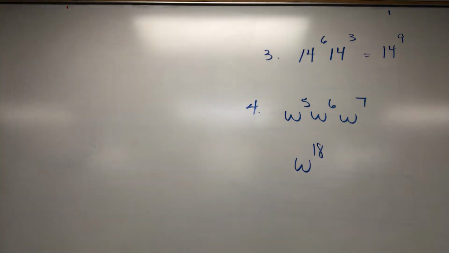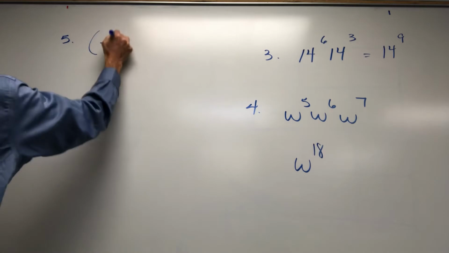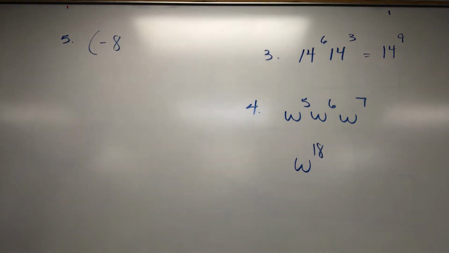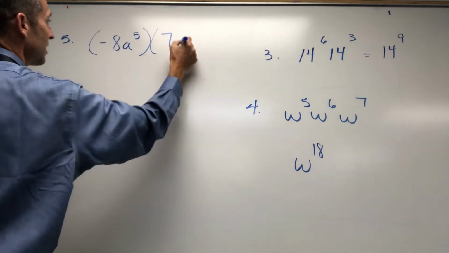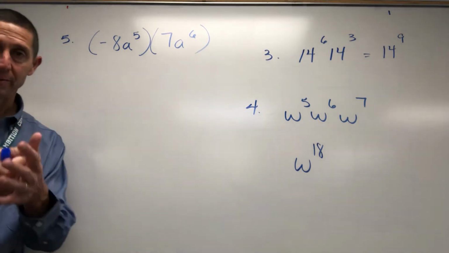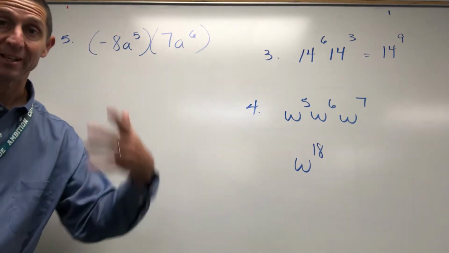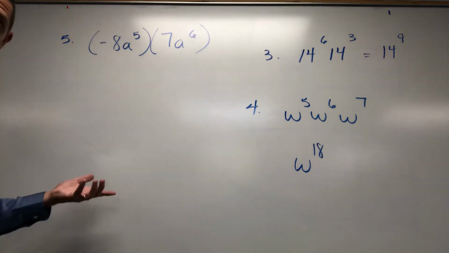Let's do some more. This is one you'll see on your homework, or if we were taking a test or a quiz, this one would show up. -8a to the 5th times 7a to the 6th. So now you've got to deal with numbers, and letters, and exponents, all in this case. So really you want to just get organized.